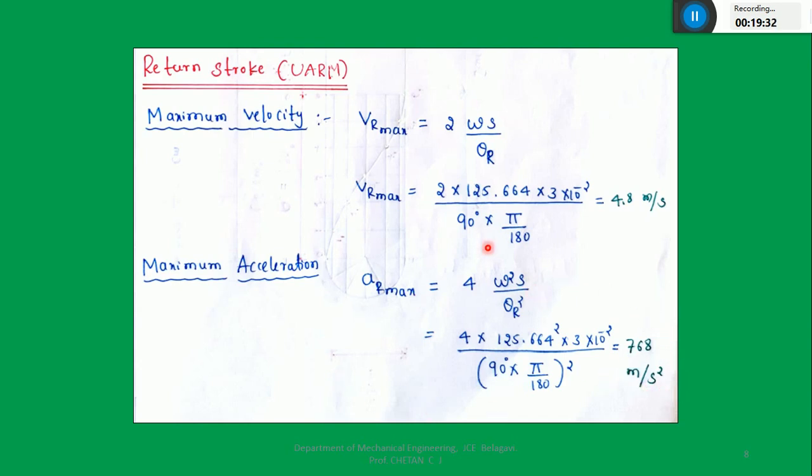Just please take 30 seconds. Just calculate these values and tell me whether you're getting a similar answer. So anyone, at least you are getting the first one, the VR max as 4.8 meter per second.